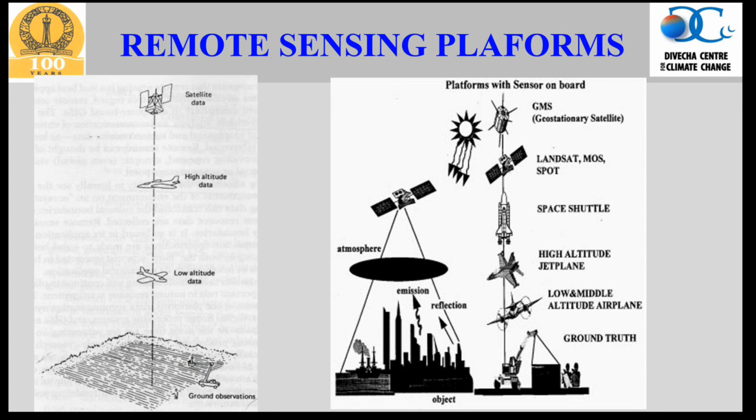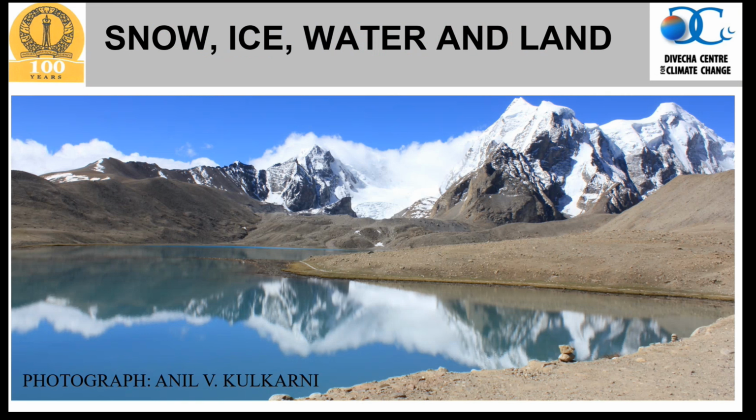Yesterday you have seen the various platforms for collecting remote sensing information. Sometimes you can use a ground platform, you can use a low altitude aeroplane, a high altitude aeroplane, then low altitude satellites and geostationary satellites. So all kinds of sensors you can use.